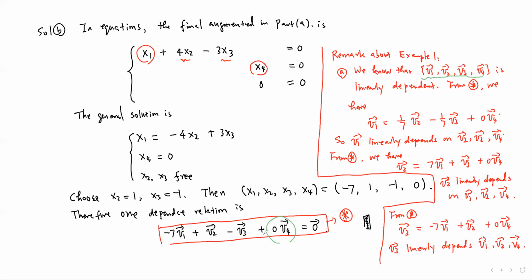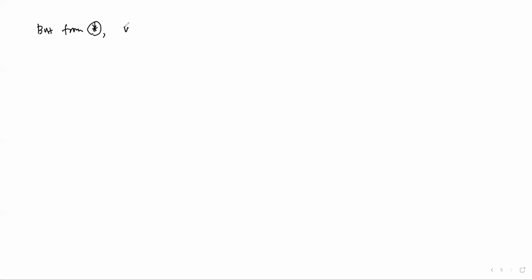But from equation star, we see V4 is not a linear combination of V1, V2, V3.